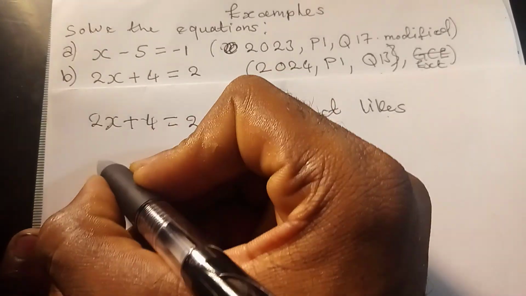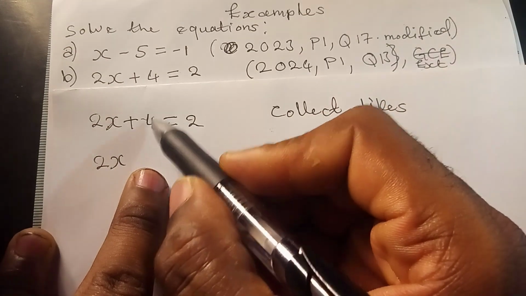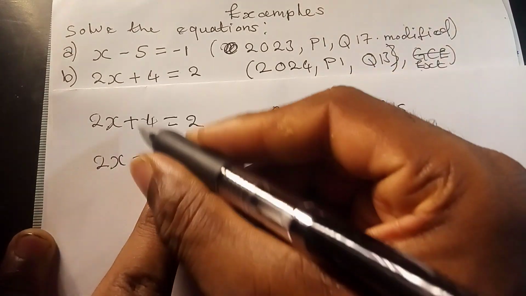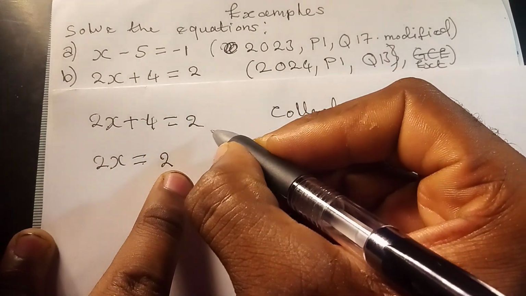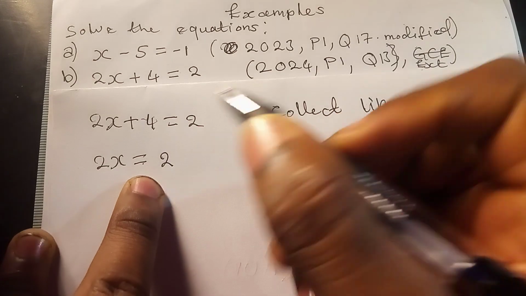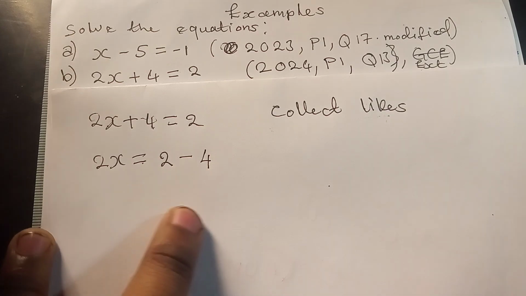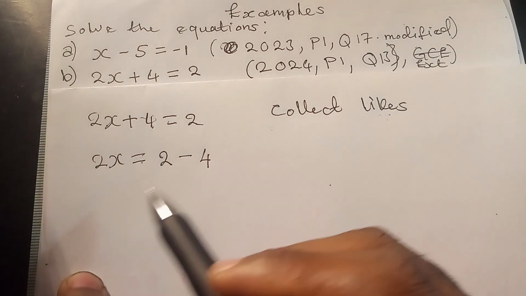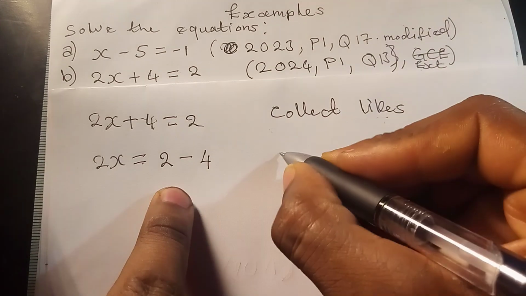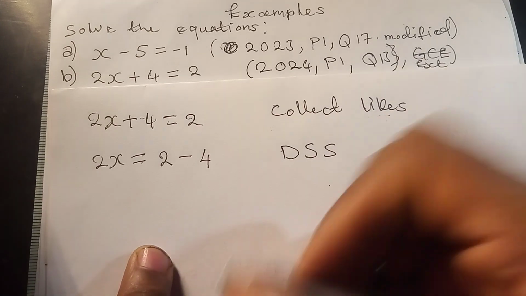So I'll leave this 2x on my left hand side, and then I'll take the 4 to the other side. So I have equal sign a 2, and then when the 4 goes to the other side, remember that it's positive here and it has crossed an equal sign, it will become a negative 4. See? And then from here, you can subtract. As you can see, we have different signs here, so we can apply this rule. Different signs, subtract.